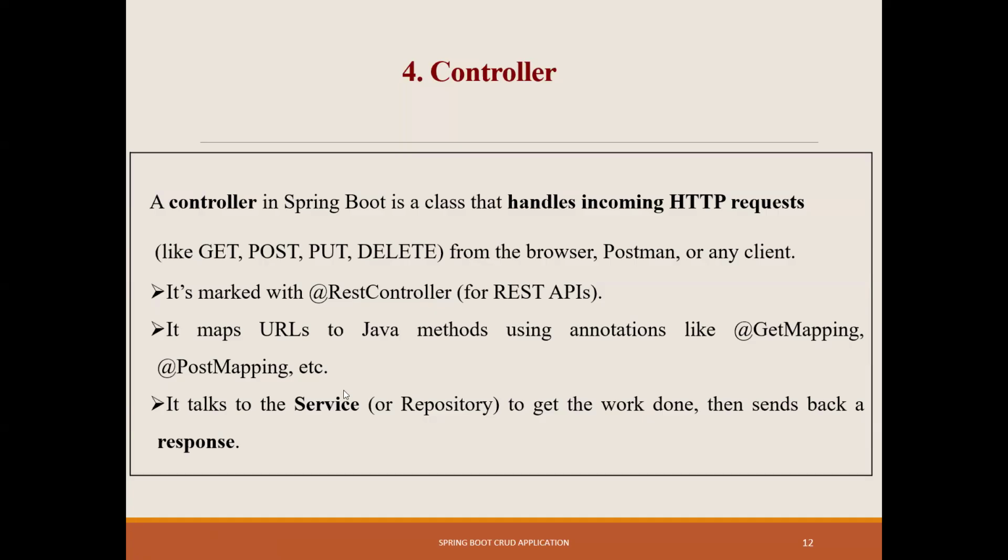It maps URLs to Java methods using annotations like @GetMapping, to read the data from the database, and @PostMapping to create a new record in our database. And also we can make use of @PutMapping to update an existing record, and @DeleteMapping can be used to delete an existing record in our database table. It talks to the service or repository to get the work done, then sends back a response to the web browser in JSON format.